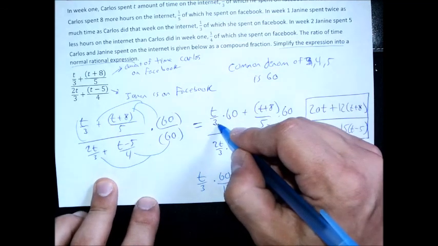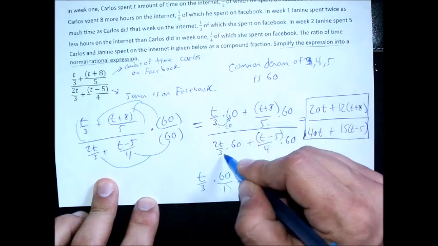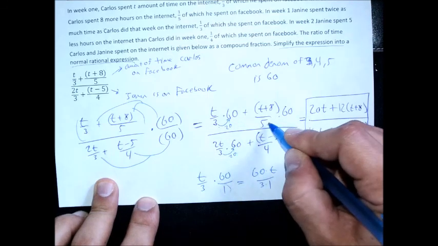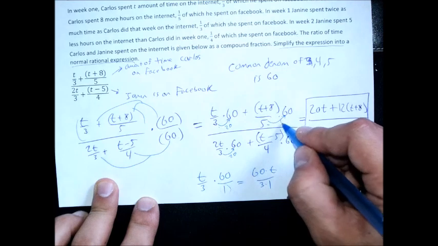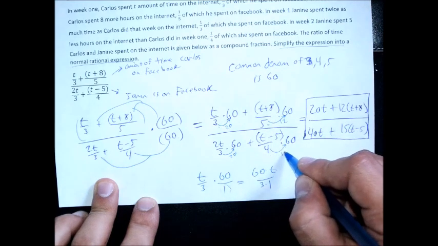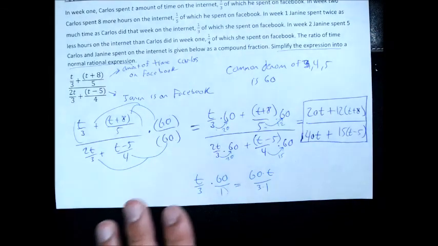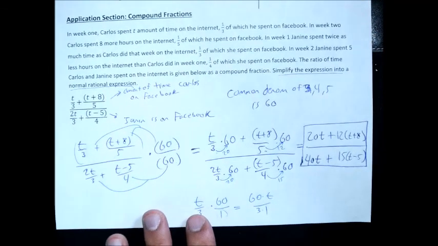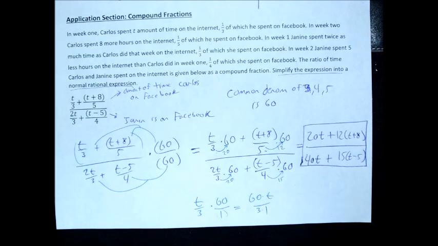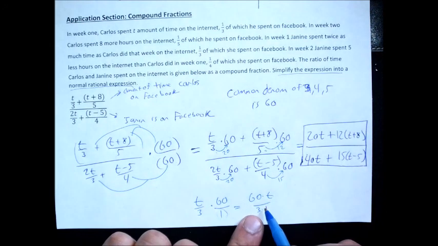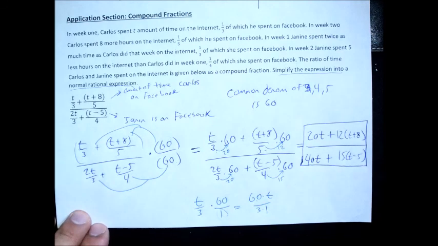Right, so this gave us that 20, this gave us that 20, this gave us the 12, and then this one gave us the 15. 4 into 60. So what happens to the numerator?